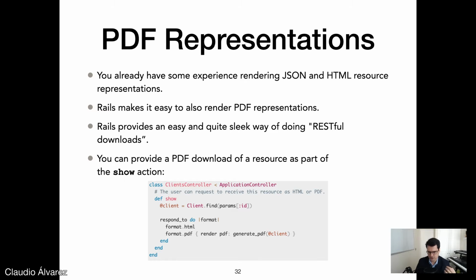And in the respond_to method call, you use the object that is yielded by respond_to. In this case, it's format. You put there format.html in order to obtain an HTML response, and you put format.pdf that allows you to render a PDF response by using built-in functions that are readily available for you to do this.